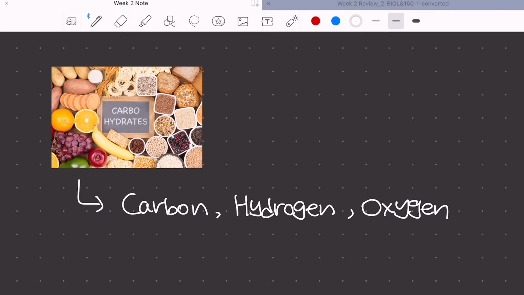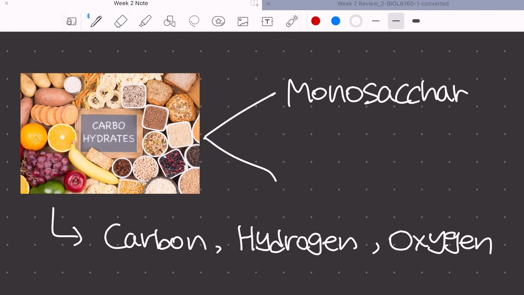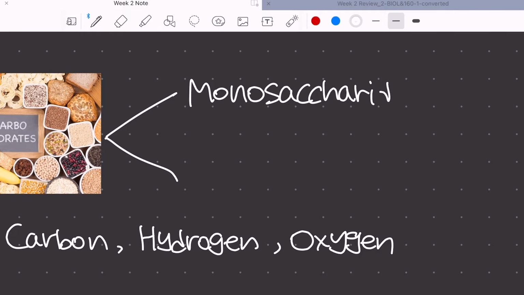And carbohydrates can also be divided into 2 sections, which are the monosaccharides and polysaccharides.